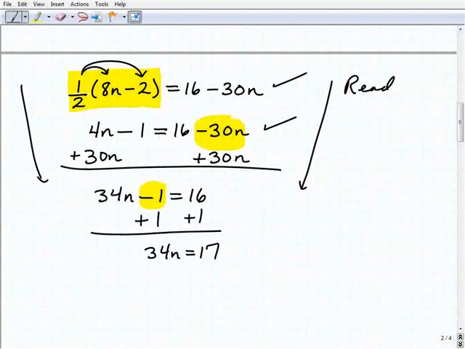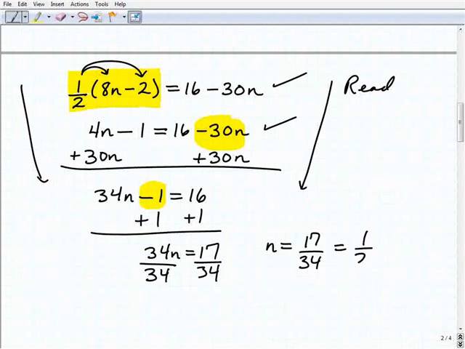So to solve for n, I'm going to go ahead and divide both sides of the equation by 34. So I get n equals 17 over 34. And if I'm not mistaken, that is 1/2. Okay, let's see here. 34 divided by 17 is in fact 2. Okay, so always make sure if you have fractions as your answer, make sure that they're fully simplified, fully reduced.